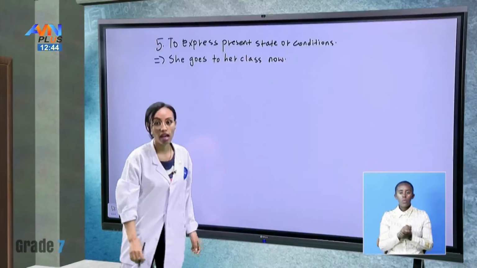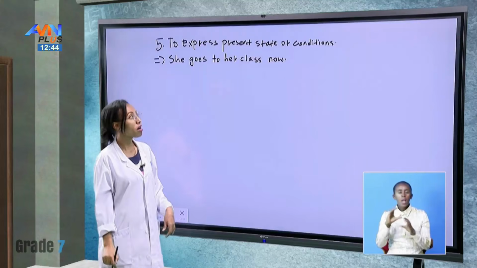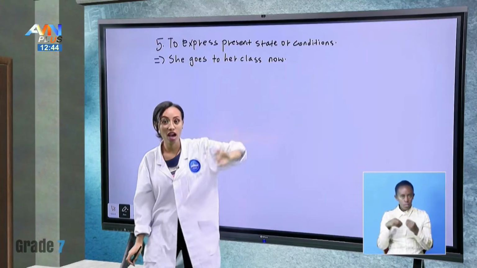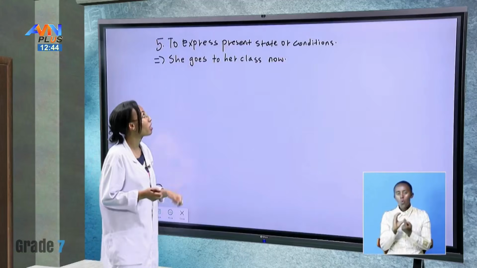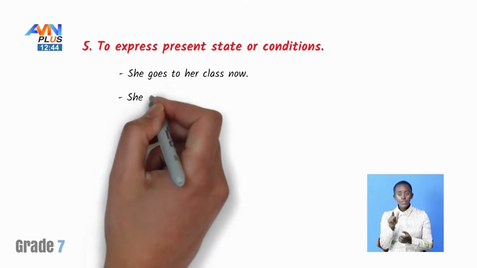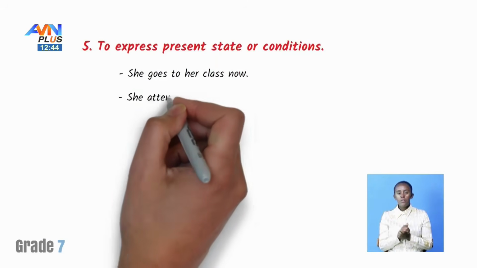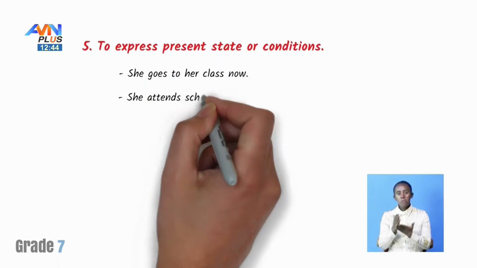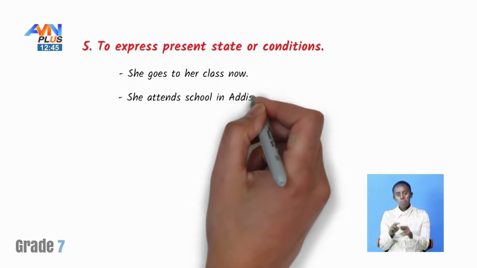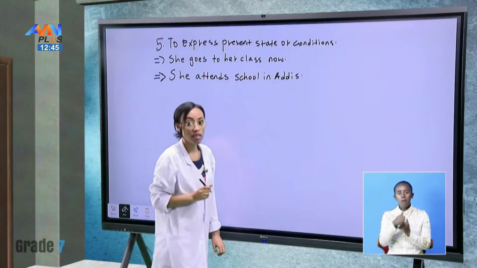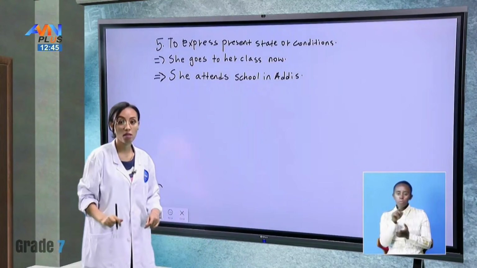She goes to her class now. So we are giving the word now to indicate a present situation or condition. She attends school in Addis. So this is a present situation that is happening now.